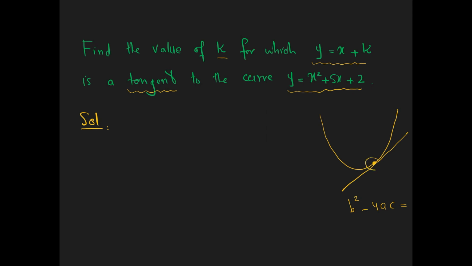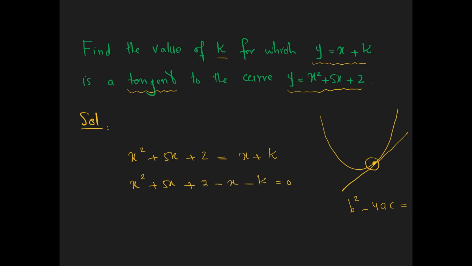This is the information which we will use in order to work out the value of k. At the point of intersection, the equation of the line and the equation of the quadratic curve have the same value of x. Therefore, we can start with x square plus 5x plus 2 is equal to x plus k. Or further simplifying it, we'll get x square plus 5x plus 2 minus x minus k is equal to 0.